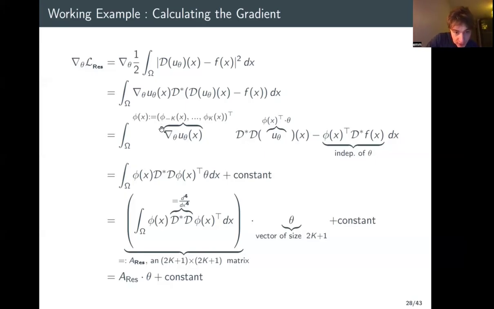And we're going to have the gradient of u theta. When you compute it, it's actually just going to correspond to the different basis functions evaluated at x. This is just because it's linear in theta. And then we're going to have this part here that's going to be totally independent of x. So then the gradient of the residual loss is going to look like this.